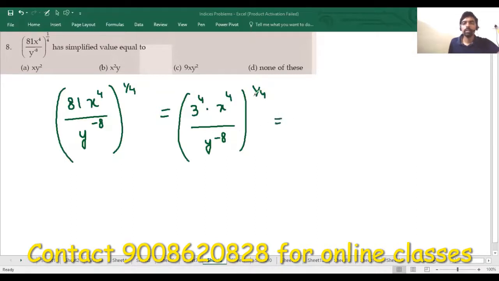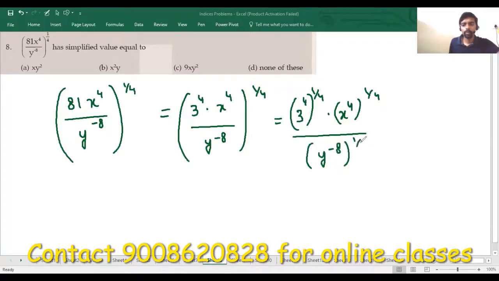So now guys, I will distribute this 1 by 4 to each and every term here. I will get 3 to the power 4 whole to the power 1 by 4. Then x to the power 4 whole to the power 1 by 4 divided by y to the power minus 8 whole to the power 1 by 4.